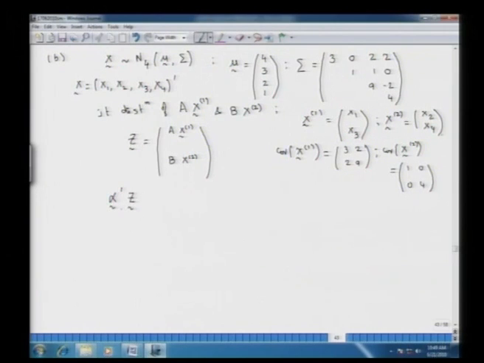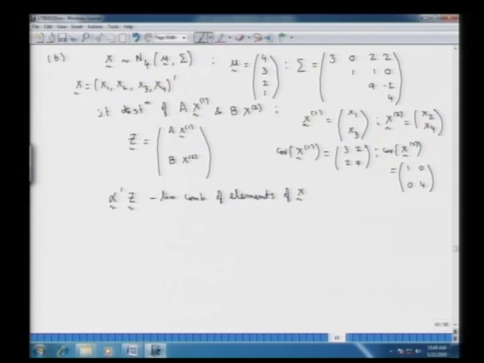So alpha prime Z is nothing but a linear combination of elements of x.